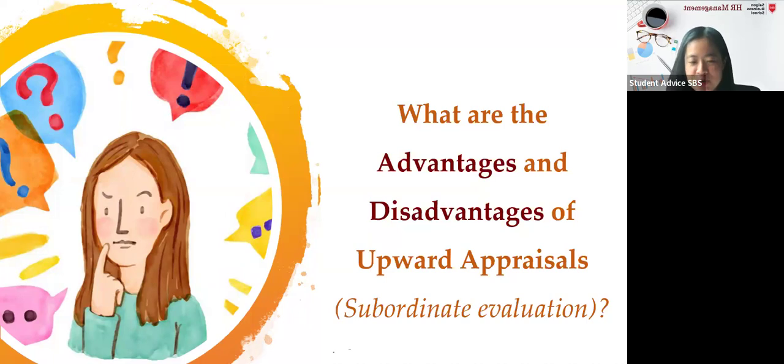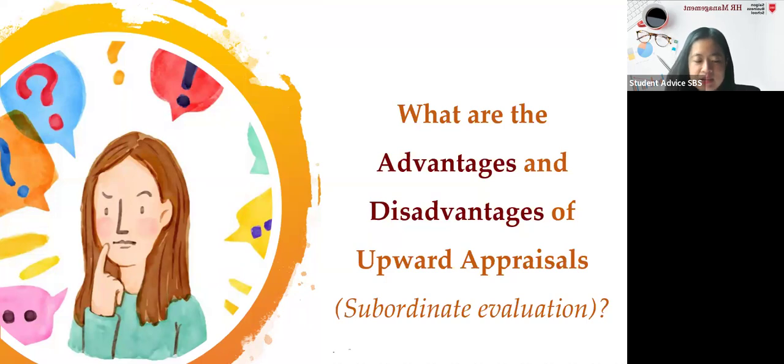Now, from your sharing, I noticed the keywords like 360-degree feedback. Yeah, we are human, so subjectivity is a part of the evaluation. So 360-degree feedback, when we gain the evaluation from various sources, from the employees, from the co-workers, from the supervisor, can reduce or minimize the effect of biases in the evaluation.